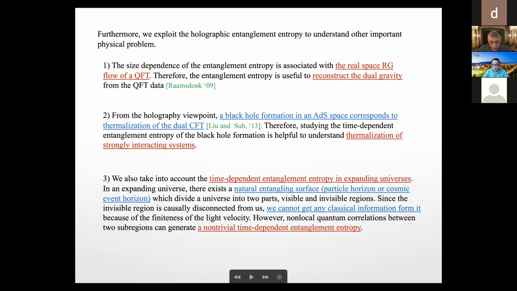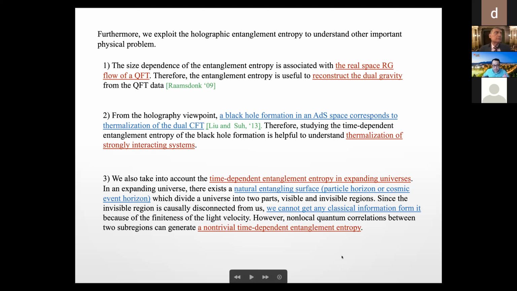Why is this interesting? Usually a horizon implies that the two regions are causally disconnected, so classically we have no correlation between these two regions. However, if we consider quantum correlation, which is non-local, we can also get some information from outside of the horizon, because at the quantum level the visible universe and the invisible universe are correlated.